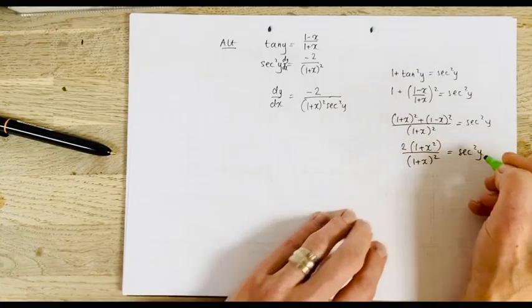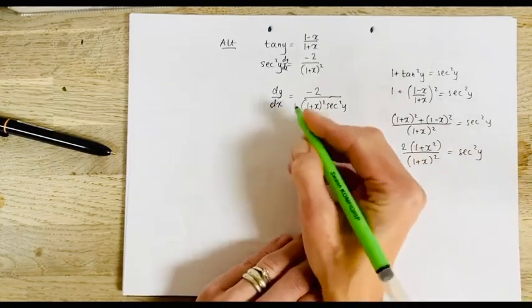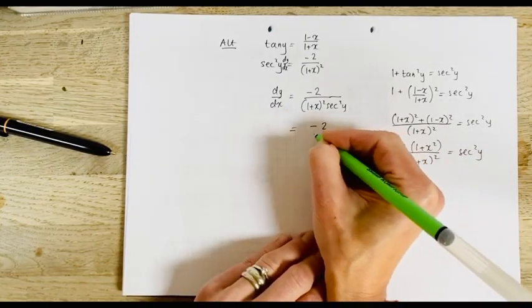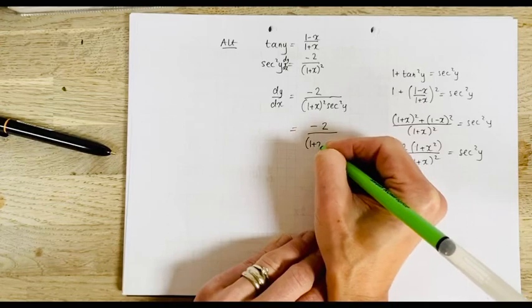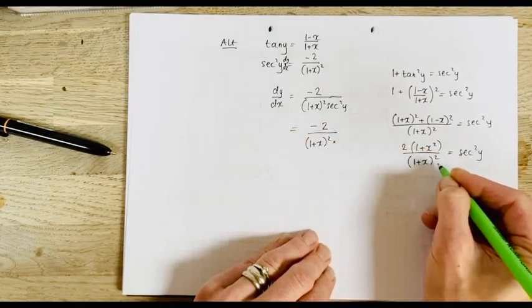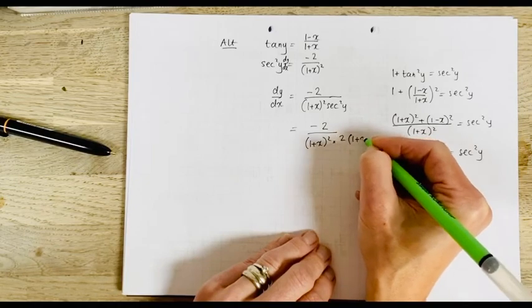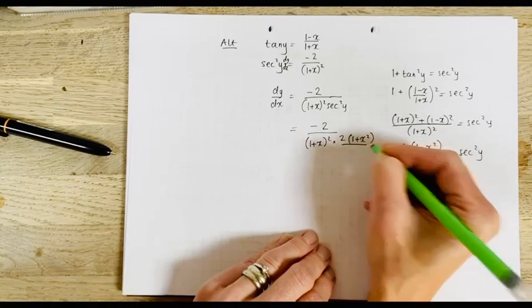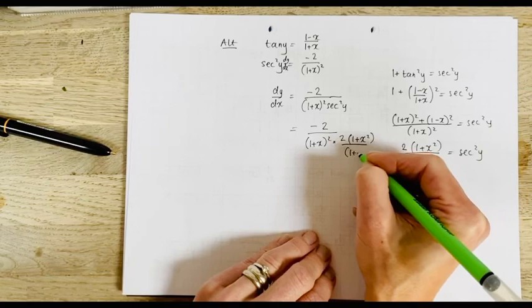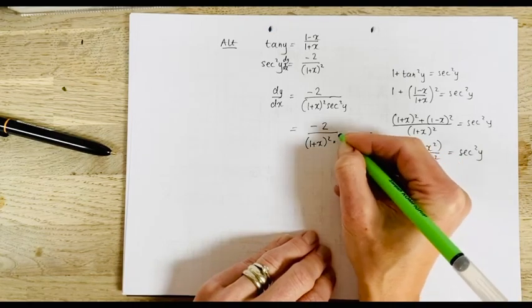So it's very similar to the one before, obviously. We can put it together, minus 2 over 1 plus x squared times this expression, so 2 times 1 plus x squared over 1 plus x squared.